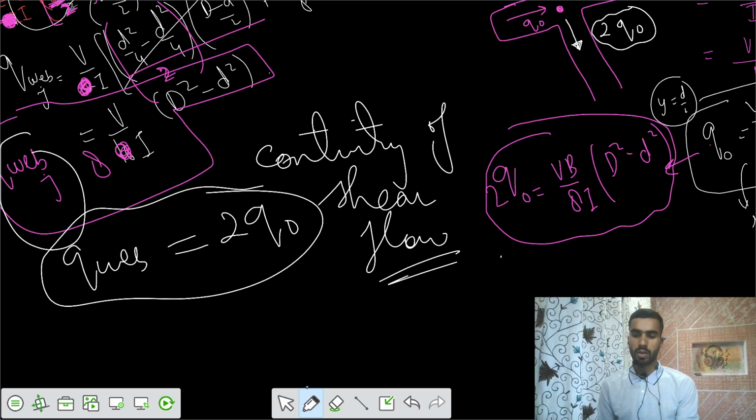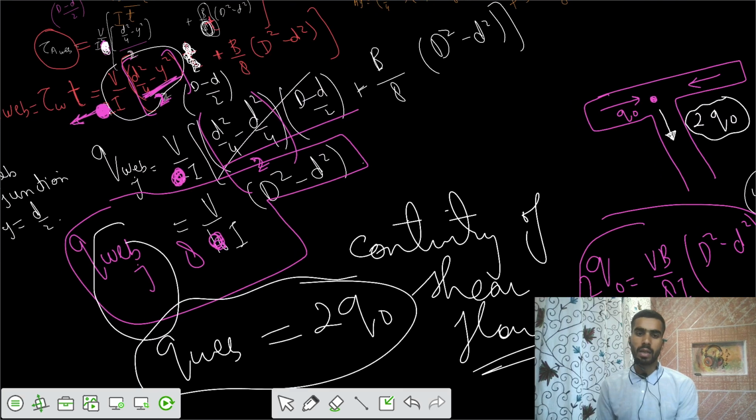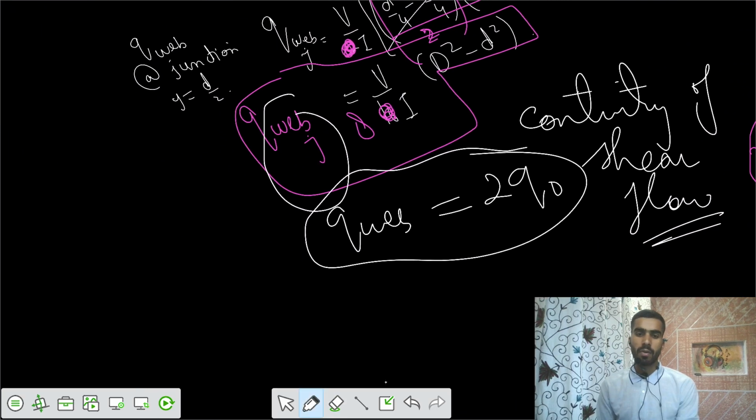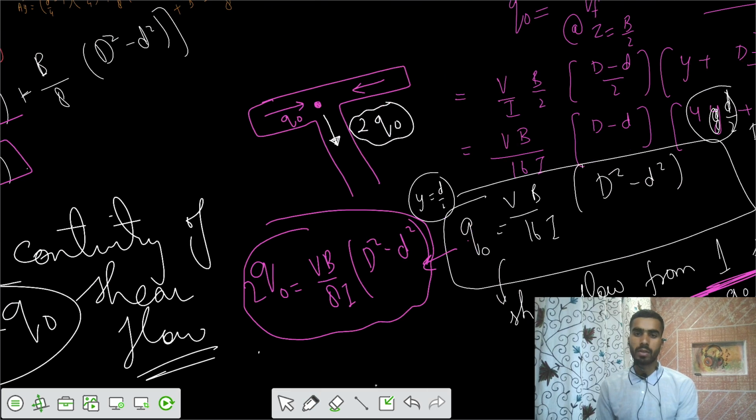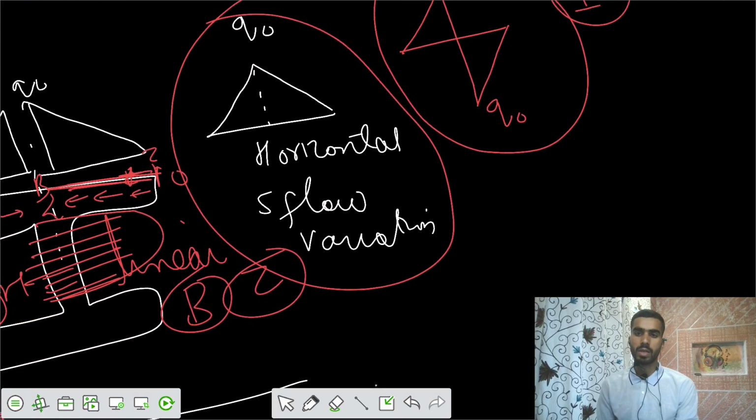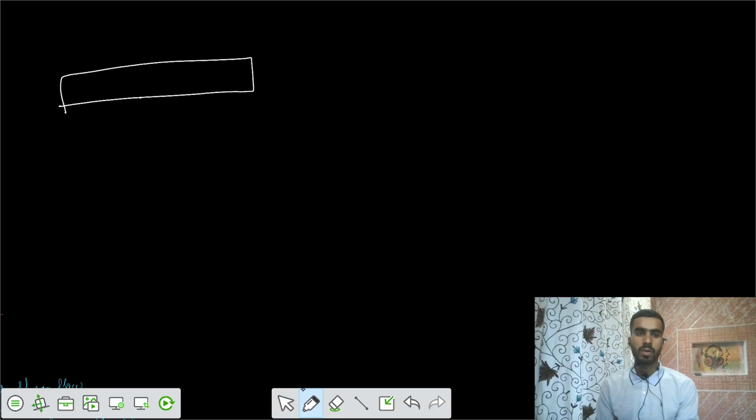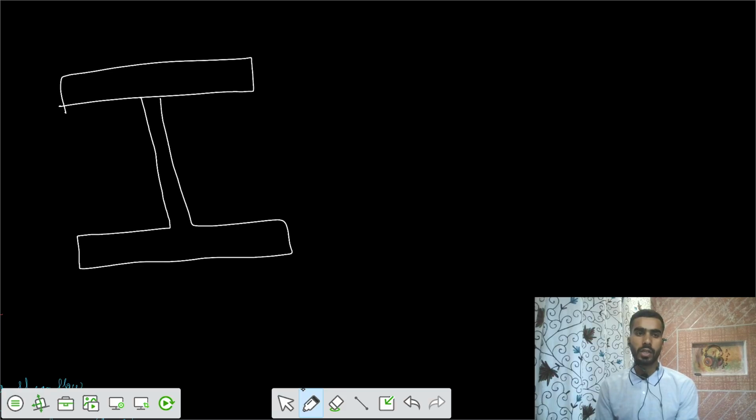So we got this one, and if we now have that variation of shear flow, I can show that also. For the flange we know the variation. Now we are talking about the web.